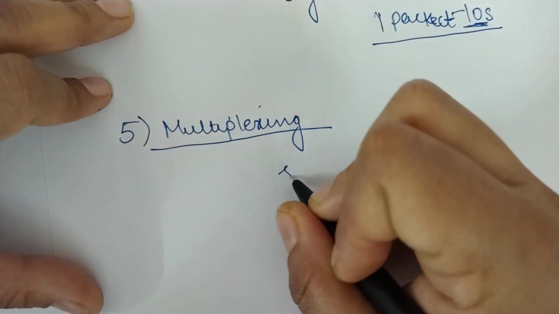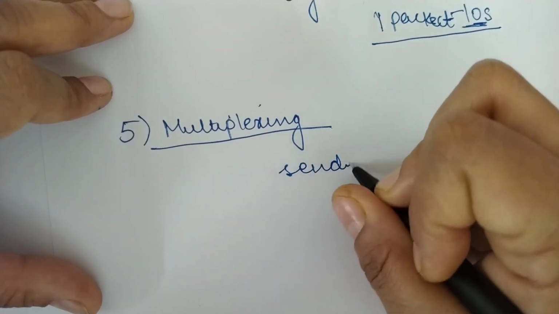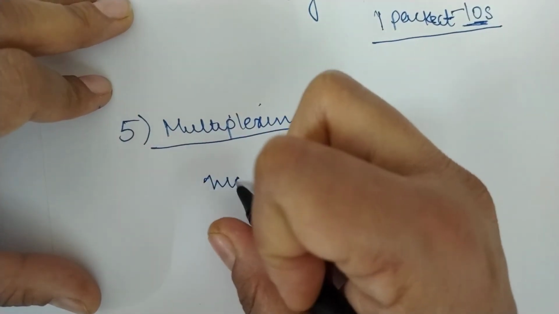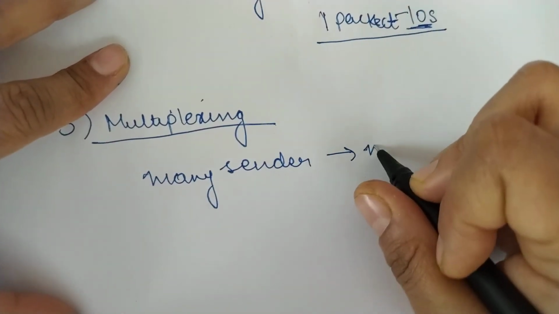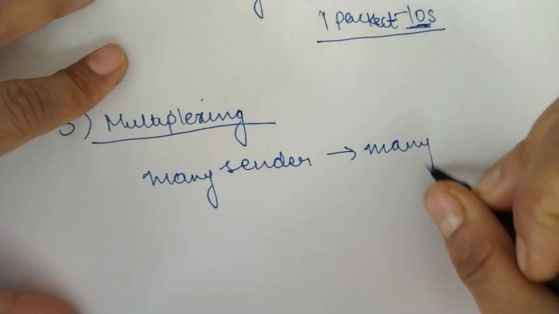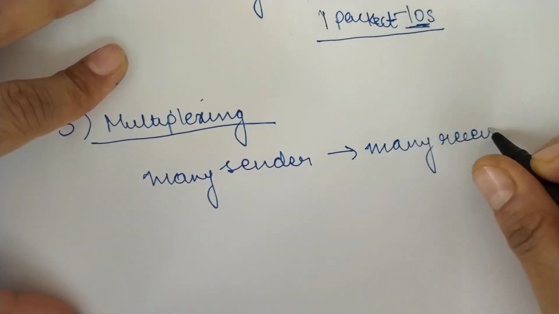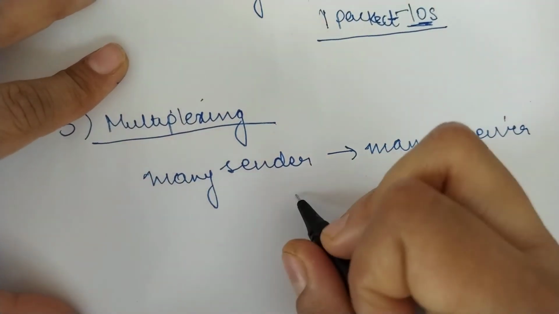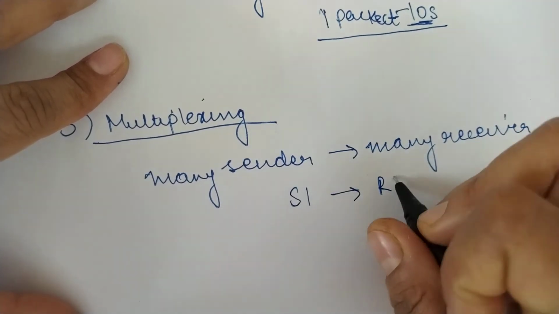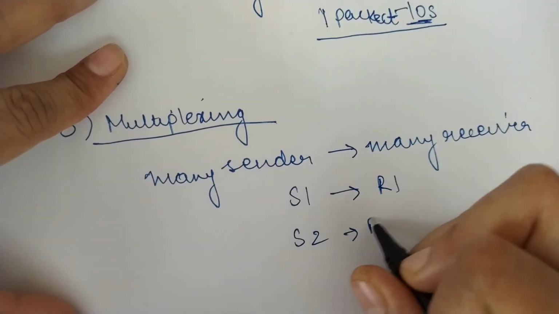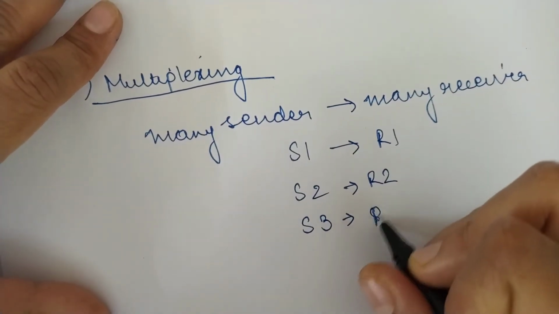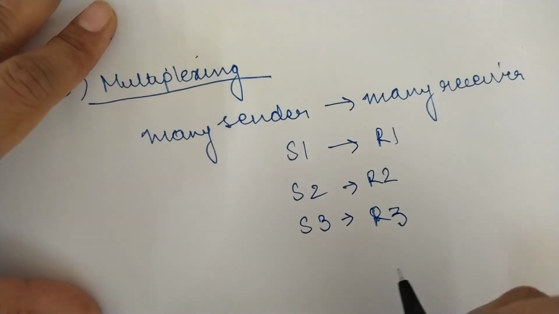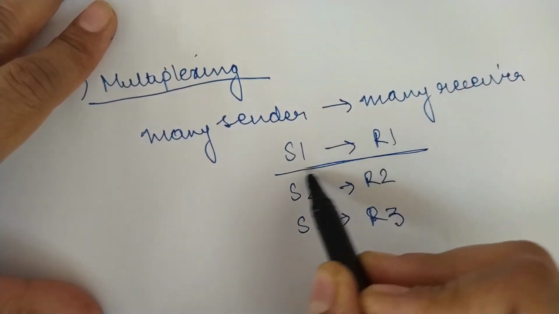Now there are many senders and many receivers. Say sender 1, receiver 1, sender 2, receiver 2, sender 3, receiver 3. Now, instead of setting up a separate connection for each pair of communicating processes.